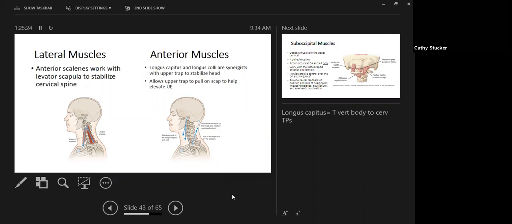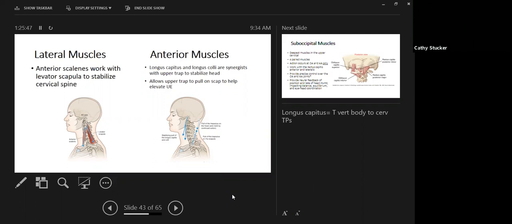And then the longissimus, capitis, and coli, they're synergists with upper trap to stabilize the head as well. Those have an orientation very parallel to the spine. They don't do a lot for flexion. They're anterior muscles, but they really work to stabilize against the really, really powerful upper trap.